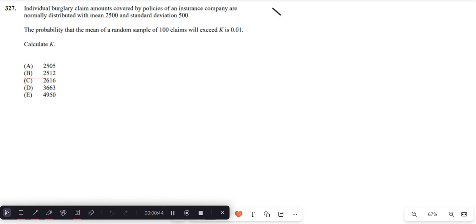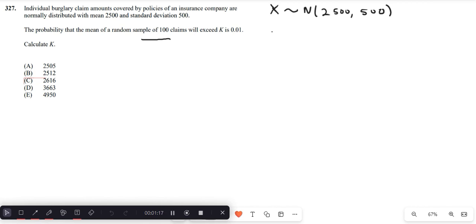I'm going to let X be the claim amount per policy, and of course that is normally distributed with mean 2,500 and standard deviation 500. Now, I'm going to define a new random variable to represent the average of the 100 claims.